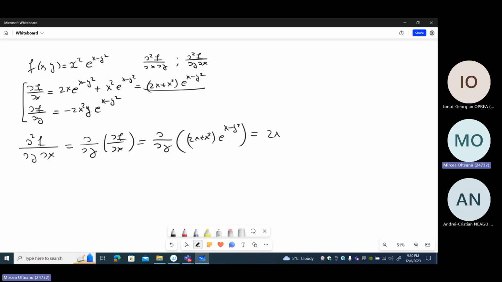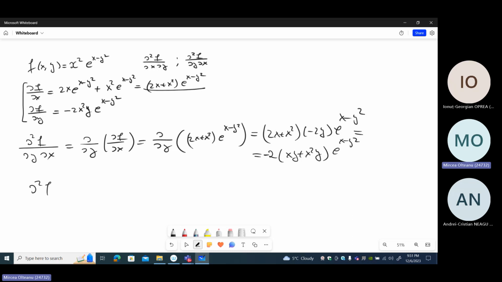Now 2x plus, x squared is of course a constant. So that will be times minus 2y e to the power x minus y squared. Okay, we can write minus 2 times xy plus x squared y, e to the power x minus y squared, if I made the multiplications.